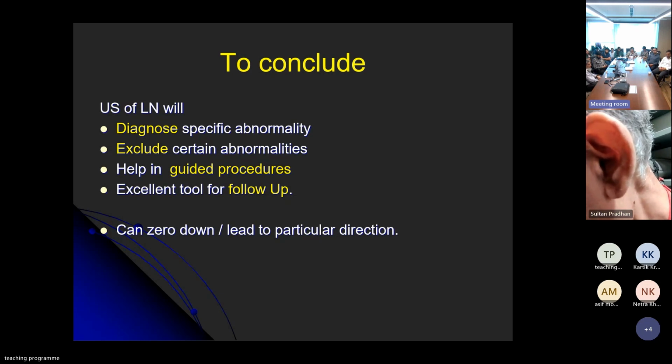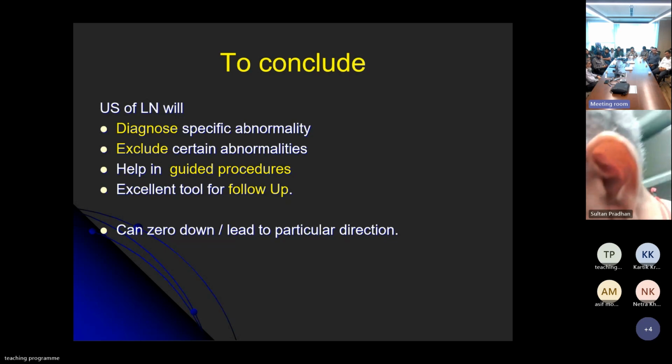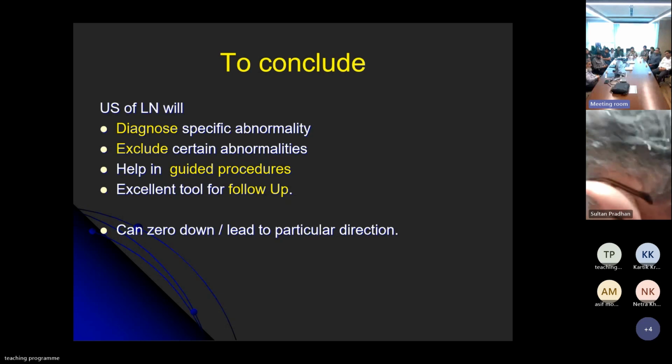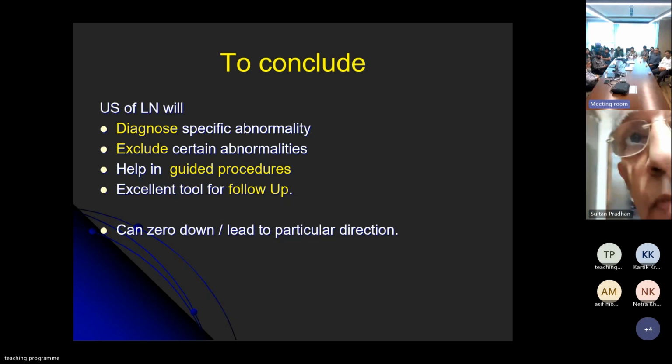The other method by which I can get somewhat similar results is by using the same small footprint probe, putting it behind the mandibular ramus and looking upwards. We have picked up some nodes by seeing from the skin side only, not orally.